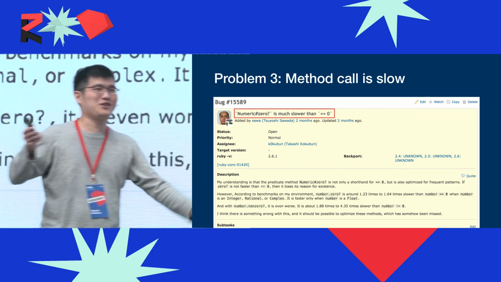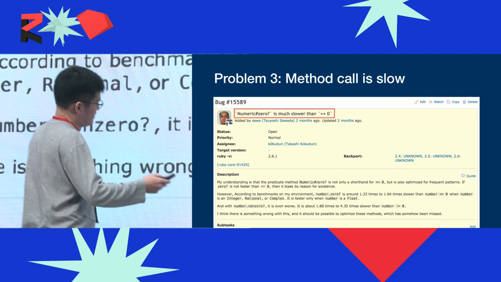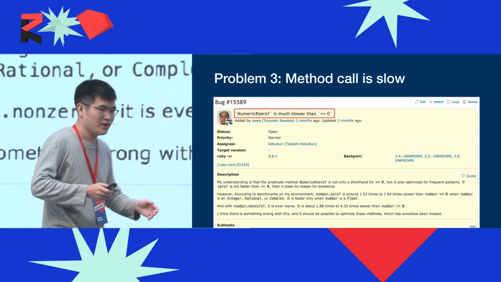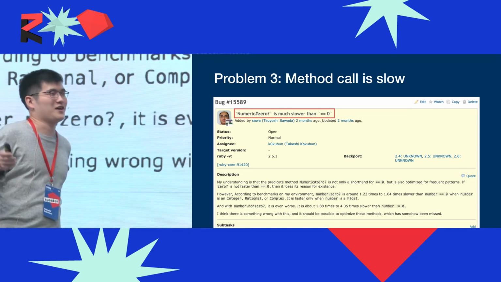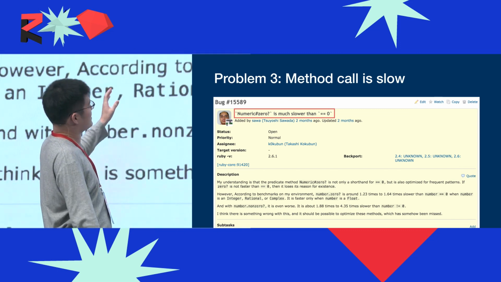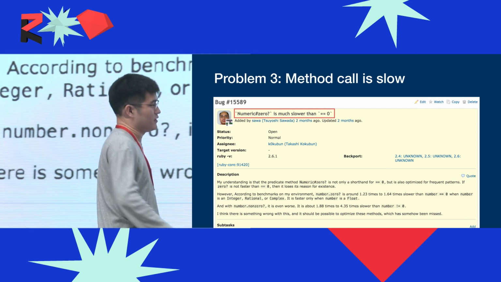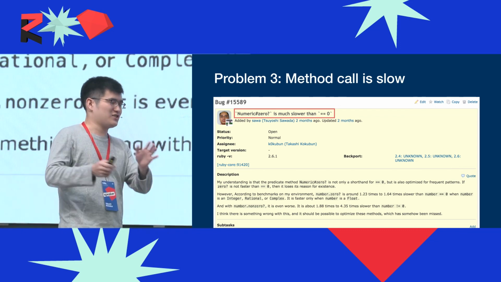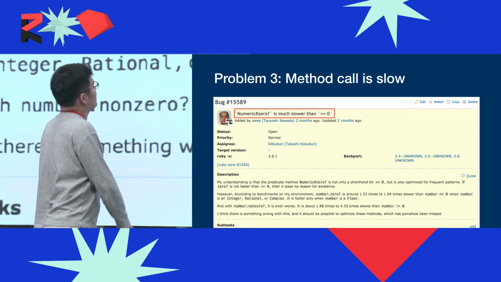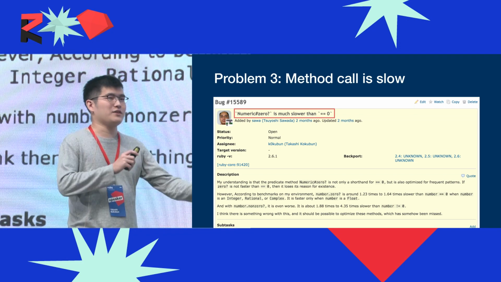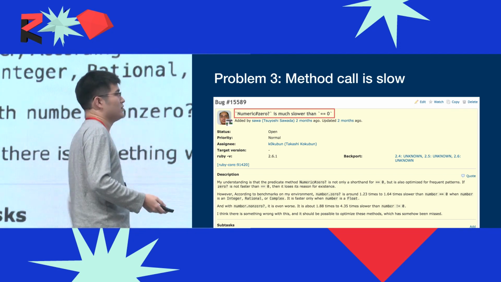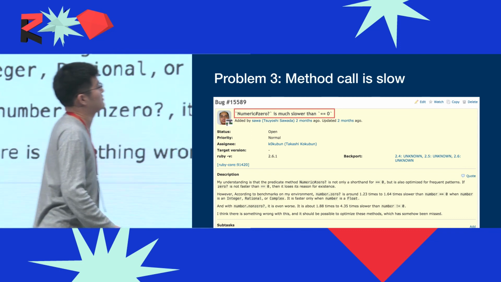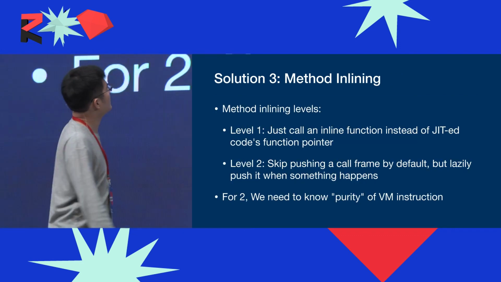I don't think it's a bug, but the JIT compiler is supposed to optimize this kind of thing to make programmers happier, because some people prefer to use zero question to write Ruby-ish code. So I wanted to achieve that by optimizing Ruby performance and let people stop worrying about performance by themselves.